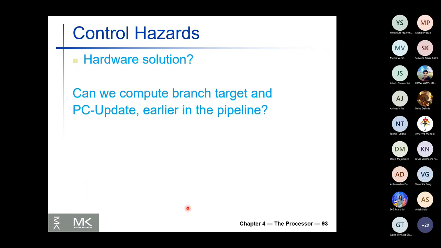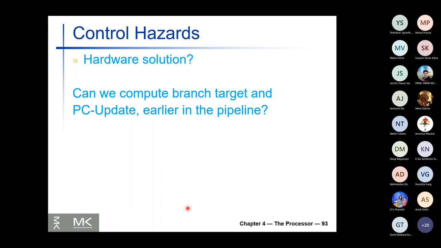You can use an additional comparator in the same stage, in the ID and register read stage, so that it would read the content and immediately compare it. And at the same time, the PC update multiplexer can also be brought there separately.